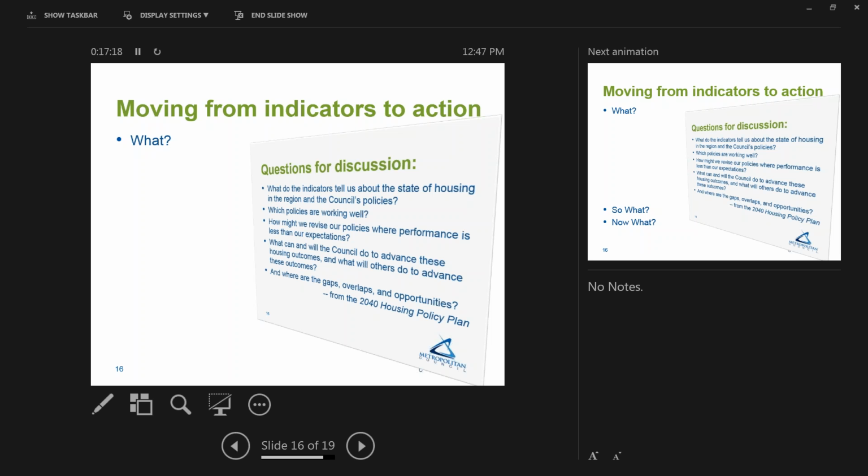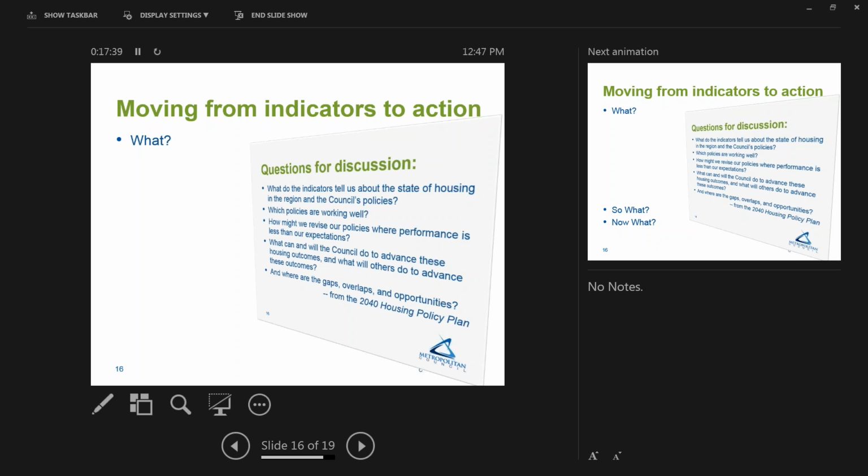While we were trying to have the conversation around what do the indicators tell us, what do we need to do differently, what questions does this provoke about the information and what the impact is on whether it's the council's policies, plans, programs.